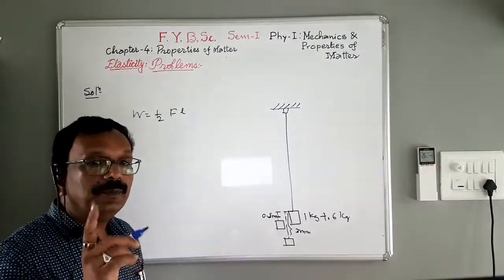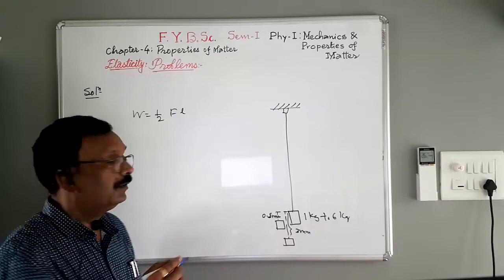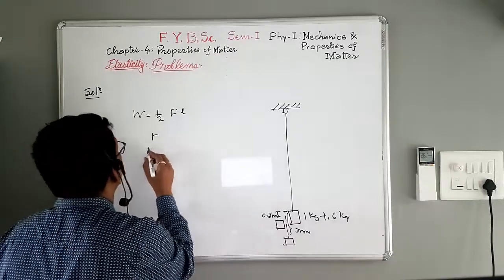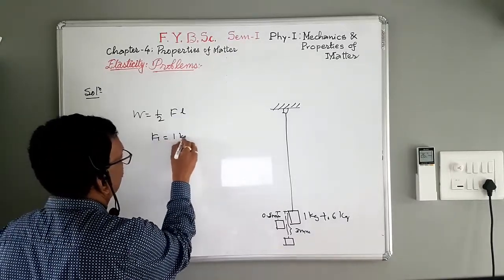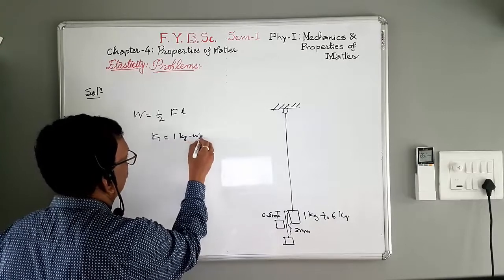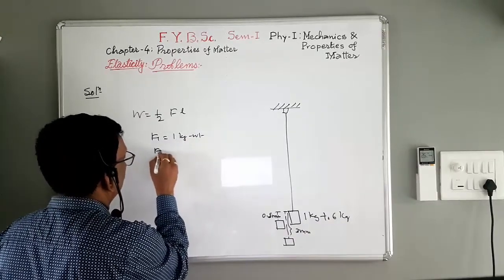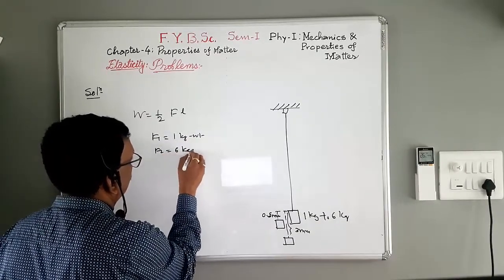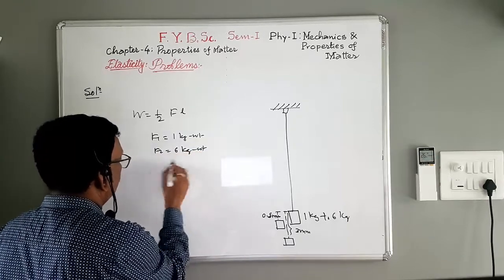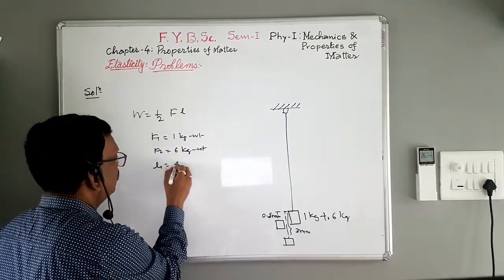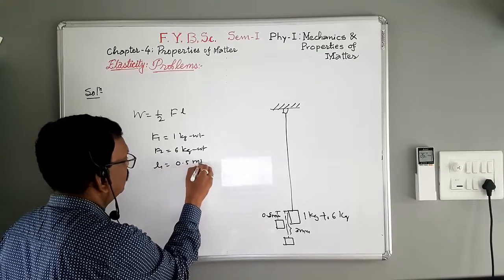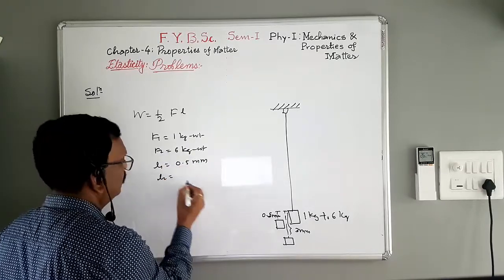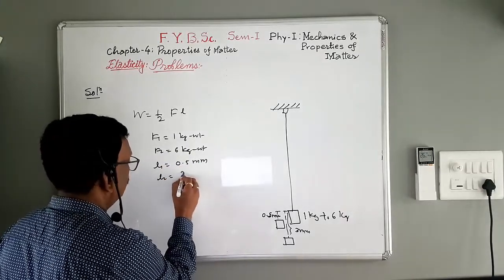When force is increased from F1, suppose F1 is 1 kg weight and F2 is 6 kg weight, and elongation of the wire L1 is 0.5 mm and L2 is 3 mm.